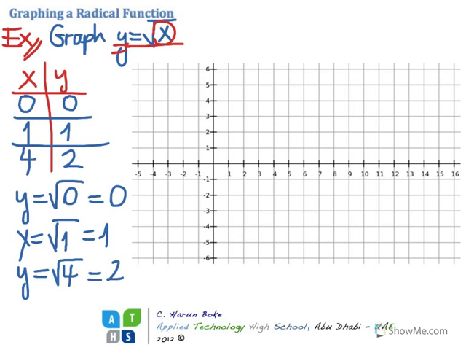So it is (0, 0), which is the origin, and then we have (1, 1), which is here, and we have (4, 2), so it is here.